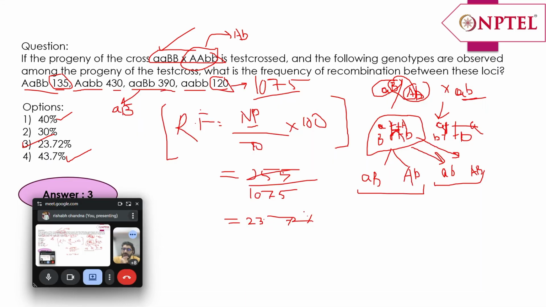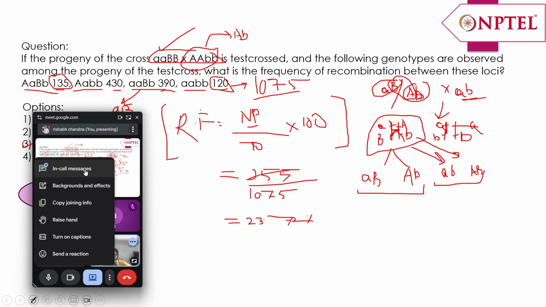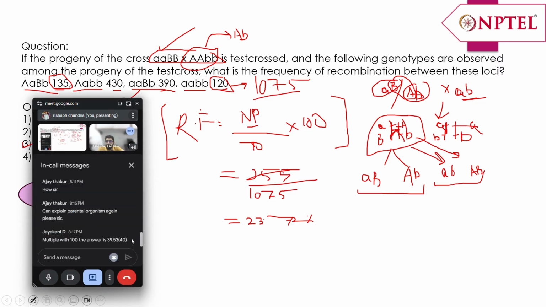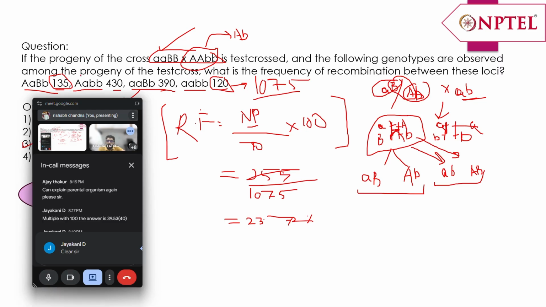Okay, so is this particular explanation correct? Yes, how is it coming 40?